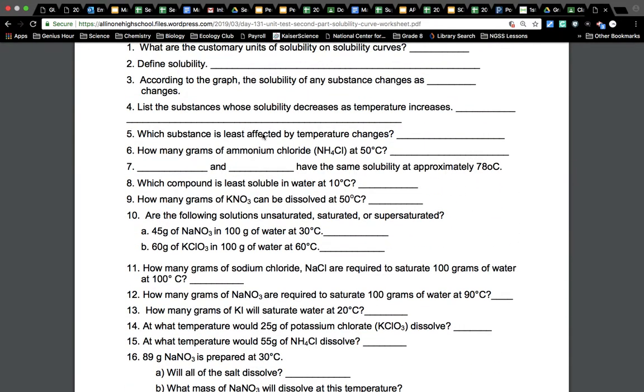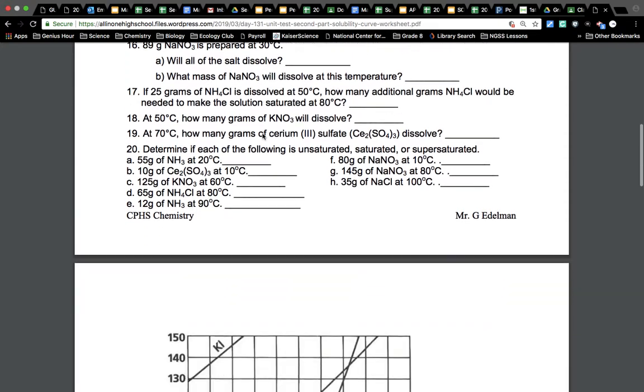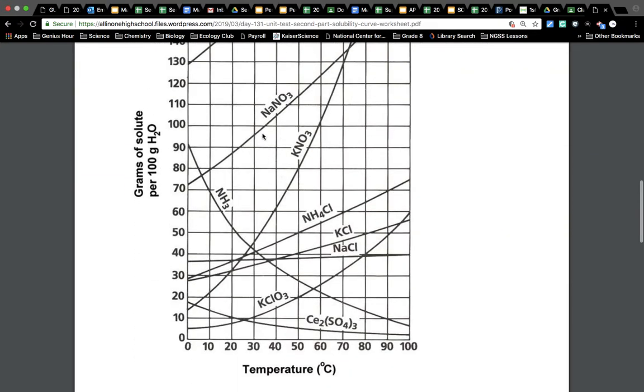Number three, according to the graph, the solubility of any substance changes as what changes? So the solubility, how much solute will dissolve, changes according to what the temperature is. As the temperature increases or decreases, the solubility will change.